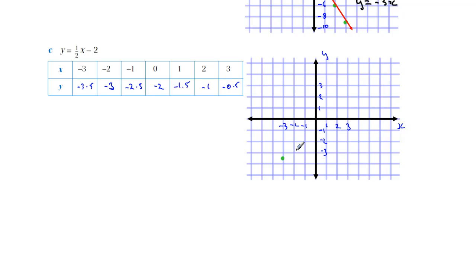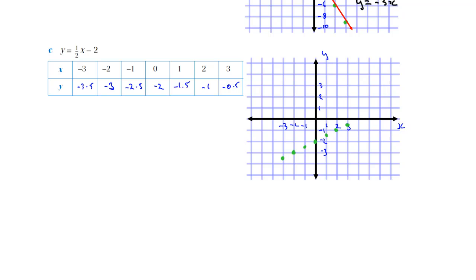There's -2 and -3. -1 and -2.5. You'll notice the line is working here, 0 and -2, 1 and -1.5, 2 and -1, 3 and -0.5 is in there.